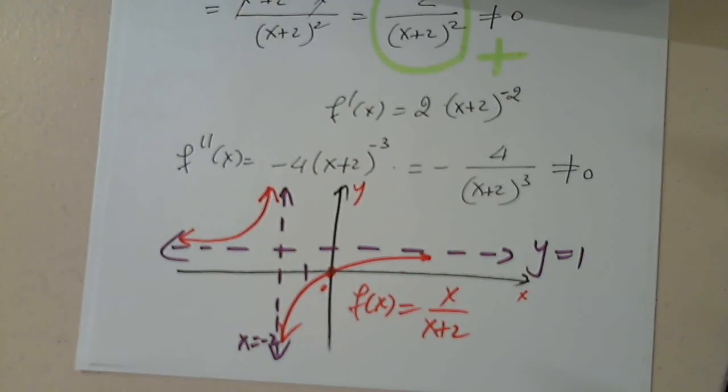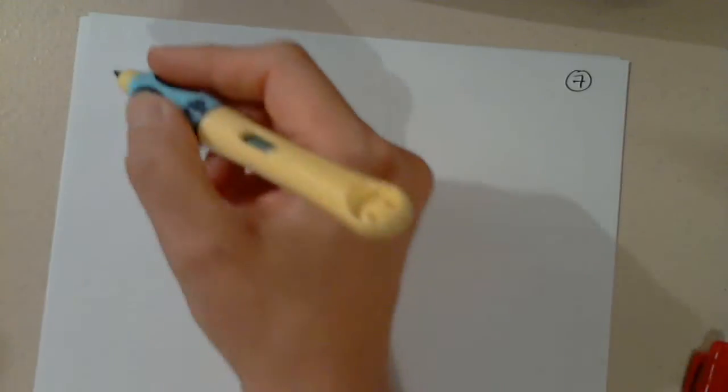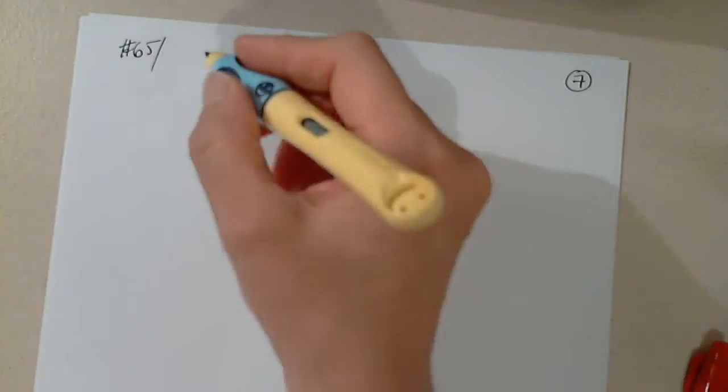I would like to look at a word problem here as well. Let's say problem 65 on page 248. One more time, 65, 248. Cost of pollution control.